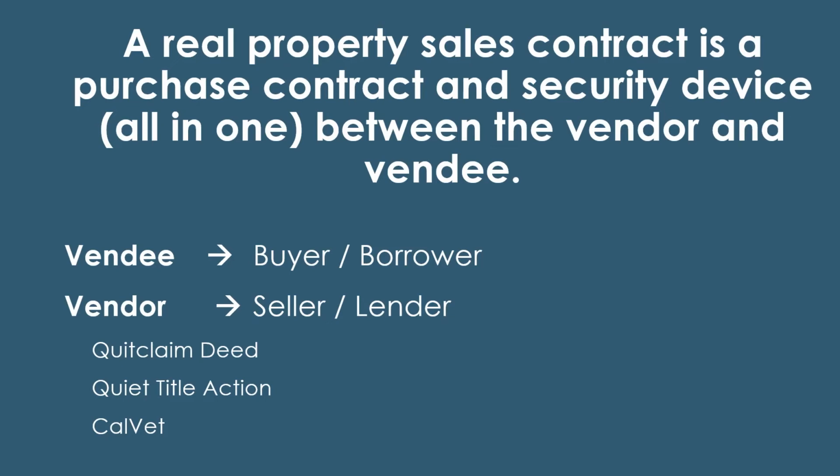When the veteran completes all the payments and pays it off, Calvet would deed over the legal title to the vendee, who's the veteran. The key point on the state exam is that when you have a Calvet loan, title is held by the California Department of Veterans Affairs.